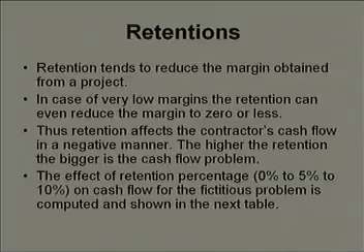Now, I will assume in case 1 that my retention percentage is 5. So, in month 1 the retention money would be 5% of 110, which will be equal to 5.5 lakhs. In the second case, I will assume that there is no retention.